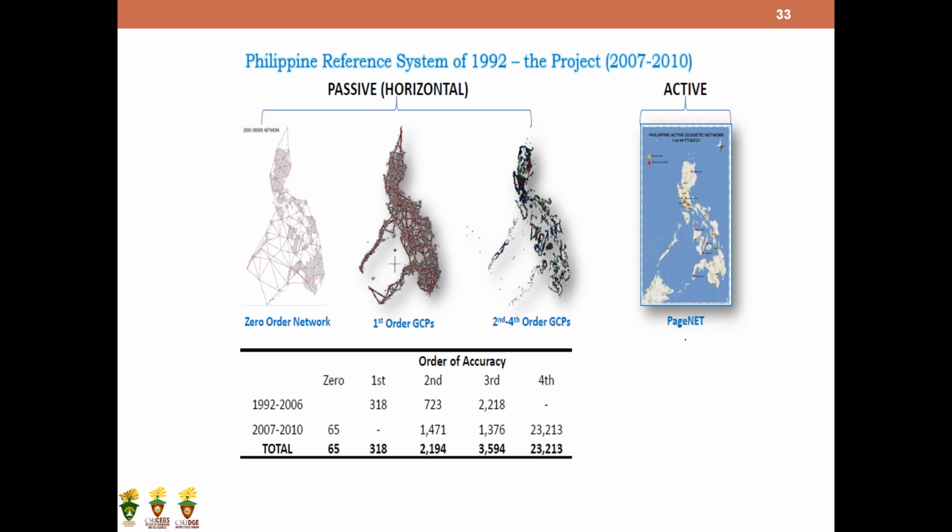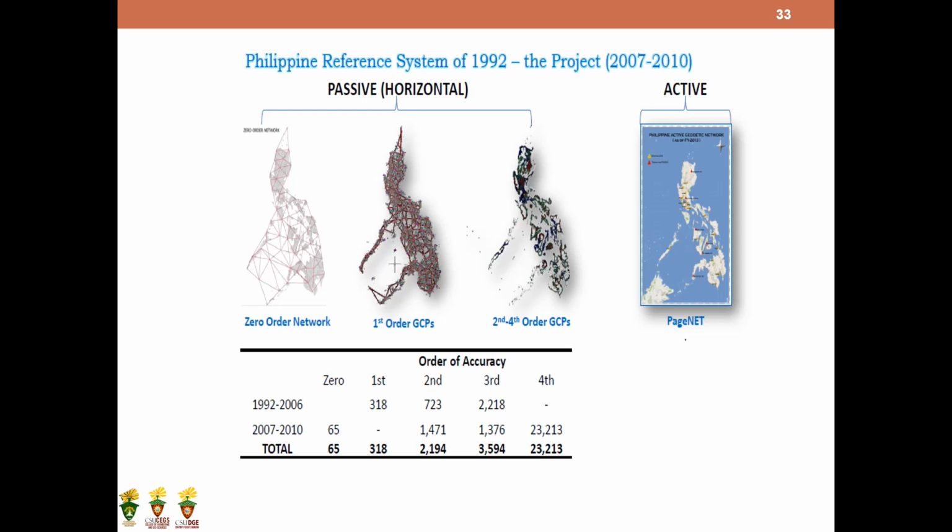Before, the geodetic networks were passive. Passive means that once it is established at that reference epoch or reference time, that will be its coordinates. But we all know that the Earth is dynamic, the Earth is moving, so there might be changes over time.